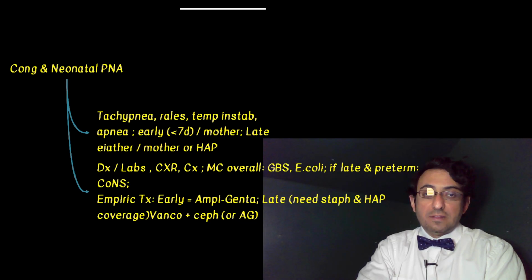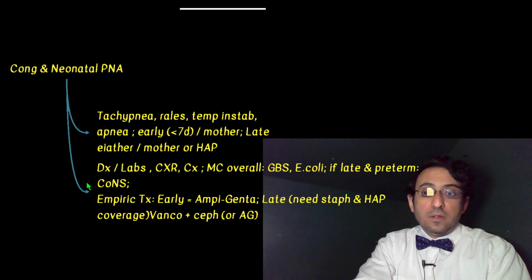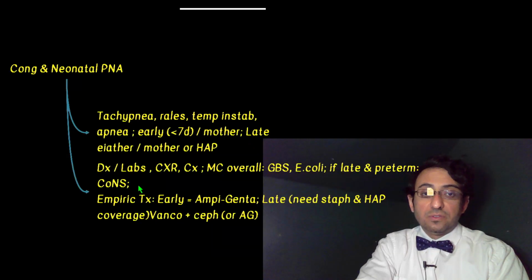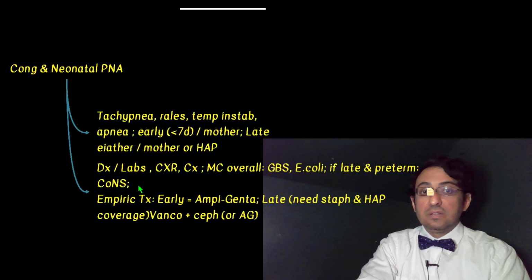You remember that specifically the most common pathogen causing late neonatal pneumonia, especially in preterm infants, is coagulase-negative Staphylococcus aureus. However, if you're asked what's the most common overall cause of the congenital pneumonias, similar to many other serious neonatal infections, we are dealing with group B strep and E. coli.